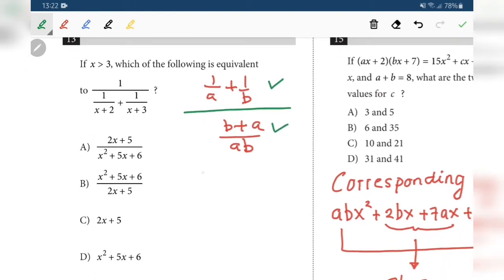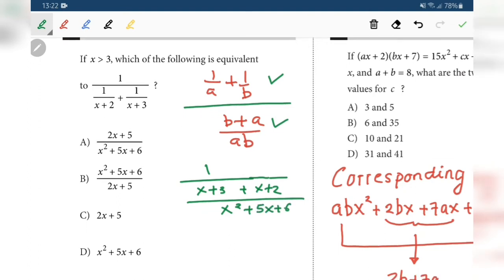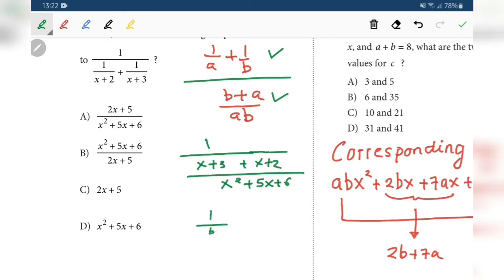That would be 1 over x plus 3 plus x plus 2 over the multiplication of them, x squared plus 5x plus 6. But if we have 1 over b per c, it equals c per b. So we're going to flip the answer that we already got here. It will become b. Flip it.